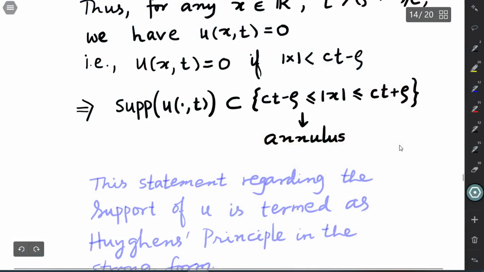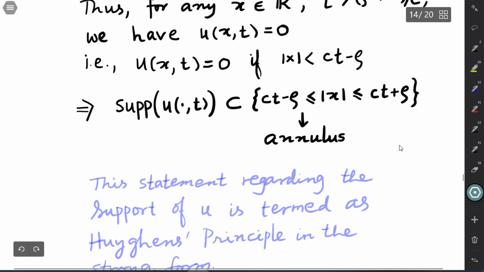So we'll continue the discussion of the wave equation in more than one space variable. In the previous class, we derived a formula for the solution of the wave equation in three dimensions, which is called the Kirchhoff formula.